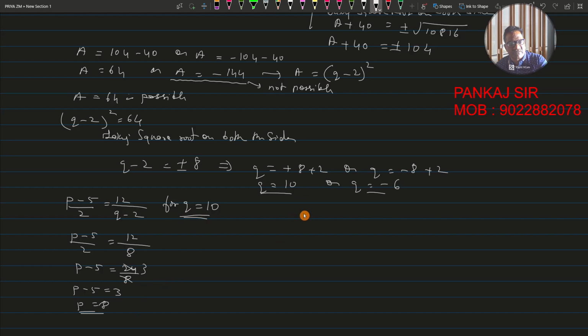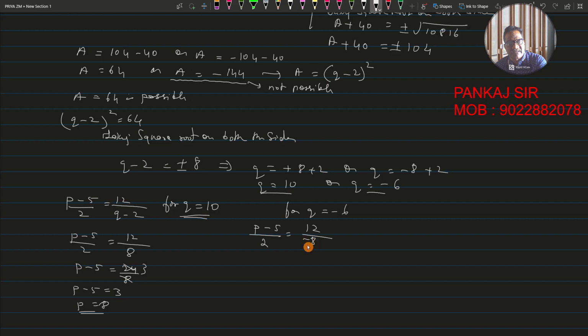Now the same thing I'll do for q equal to minus 6. When q is equal to minus 6, let me see what will be my p value. So p minus 5 upon 2 equals 12 upon q, which I should take as minus 6 this time. Minus 6 minus 2 is minus 8. Fine.